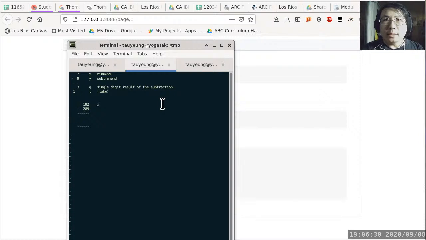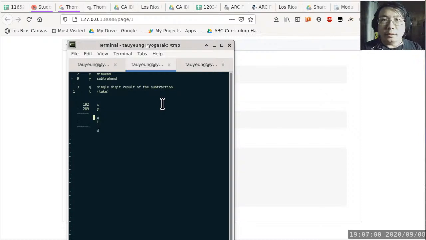This is x, our minuend, and this is y, which is our subtrahend. This one here is q. And then we have another subtraction here. This is our row T, which is the row of borrows. And then the last row is the actual answer that we want, which is the difference. So the difference is the end result after a subtraction that we are interested in.